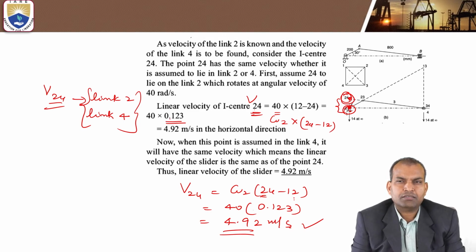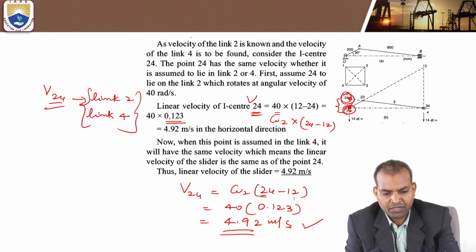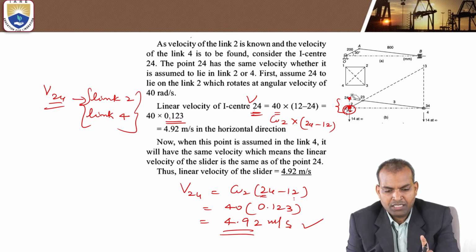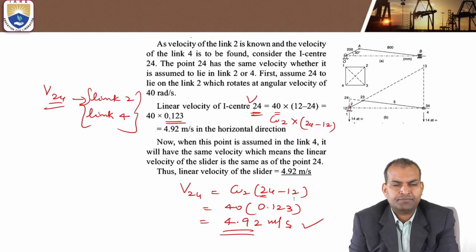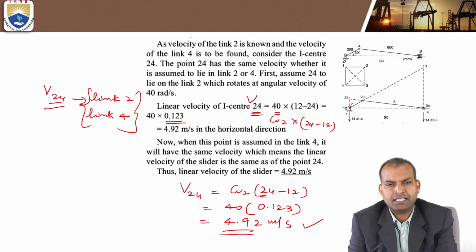So here, very important points we can interpret from this problem. These I centers are located in this configuration diagram at this particular instant. If the angle varies, here it is 30 degrees, and the lengths are 200 millimeters and 800 millimeters for the connecting rod.